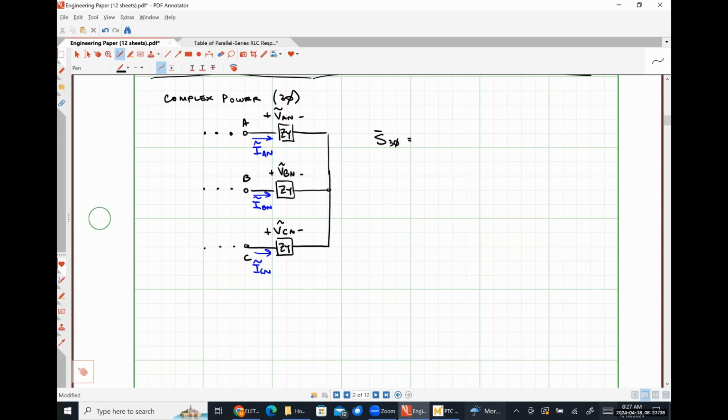Effectively the exact same thing we did for the instantaneous power. Now we're just looking at things in terms of complex power, right? So we could call this SA plus SB plus SC.